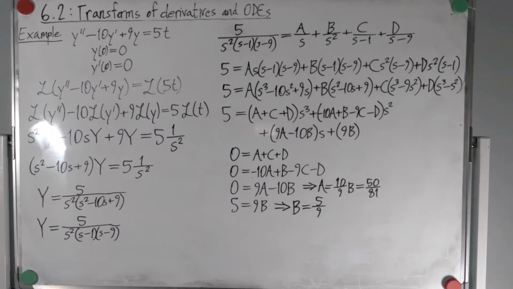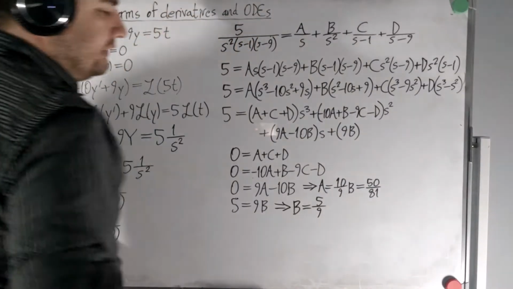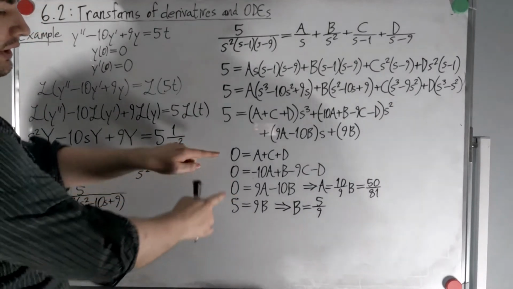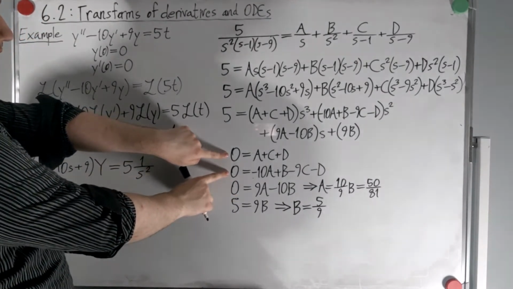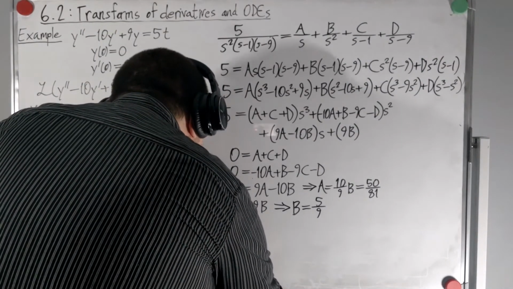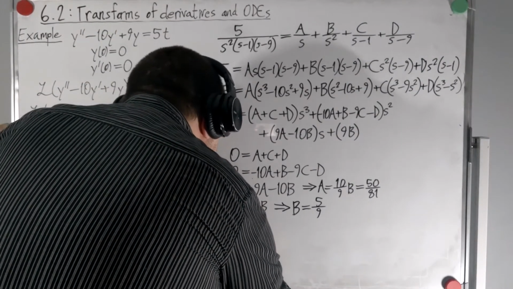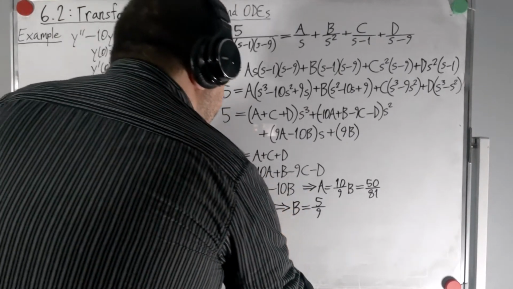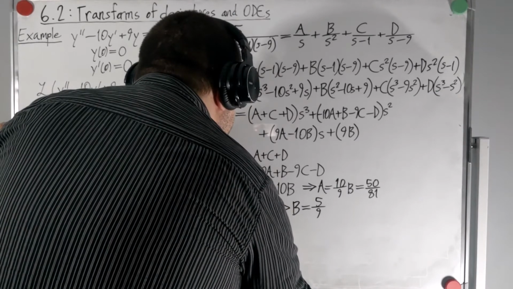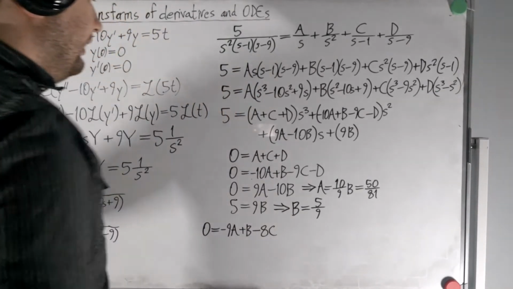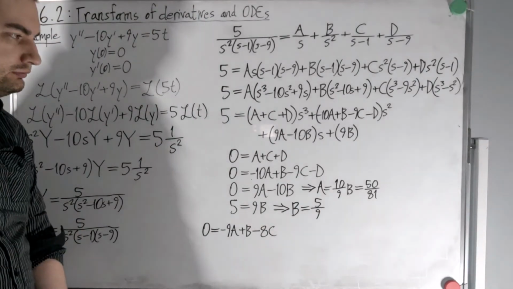In order to solve for C and D, what I'm going to do is add together the first 2 equations. So we'll get 0 equals negative 9A plus B minus 8C, and then the D's cancel out.